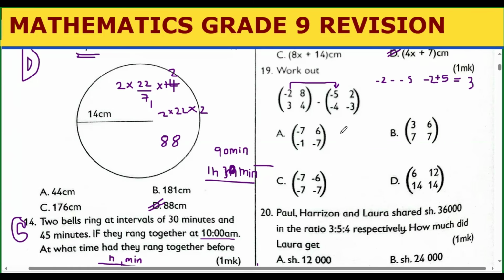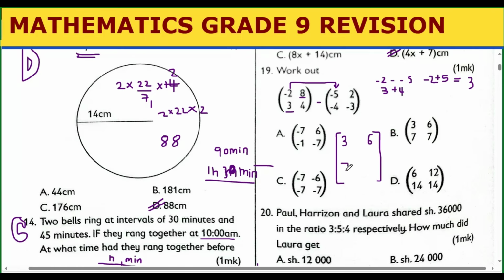So let me write my matrix here. It will be 3, itakuwa 3, which is positive. Then we go to 8 minus 2, which is 6. You write 6 here. Then you come to this. 3 minus you have said is plus. So it is 3 plus 4, which becomes 7.